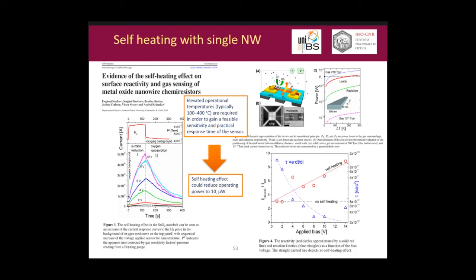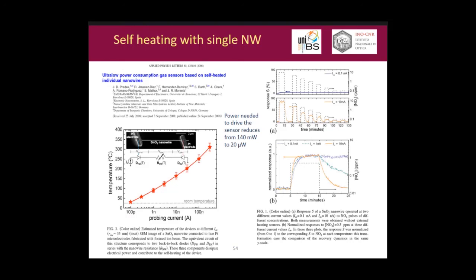For example, you do the IV and you do not carefully check the end state of your IV curve, and you are going to destroy your nanowires. In another work, you can demonstrate that you can detect, for example, NO2, and if you increase the current from 0.1 nanoampere to 10 nanoampere, you will have an increase in the self-heating, which affects the sensor response in the way of decreasing the response times a lot.